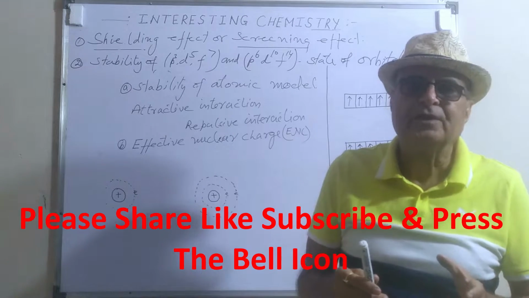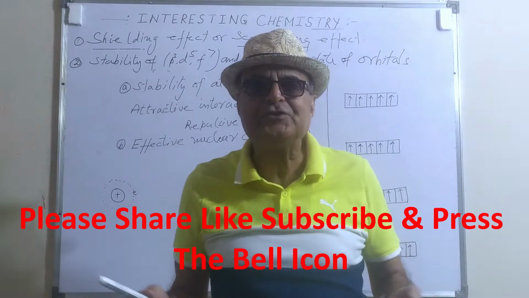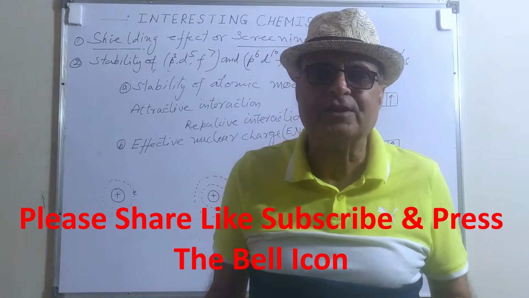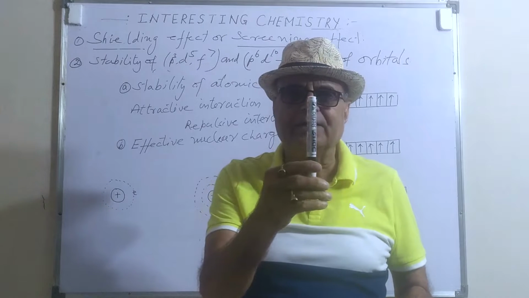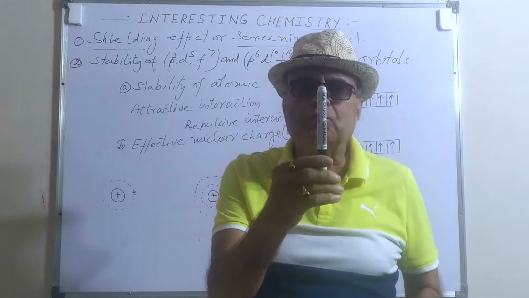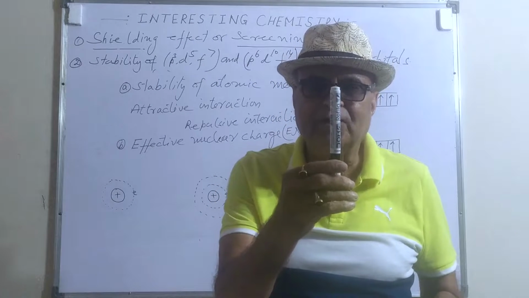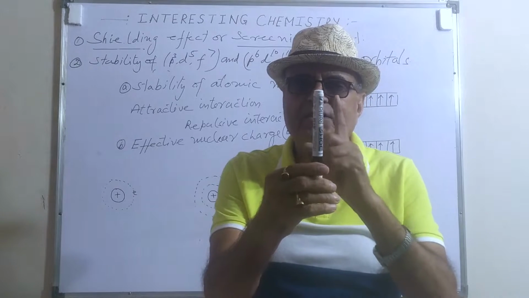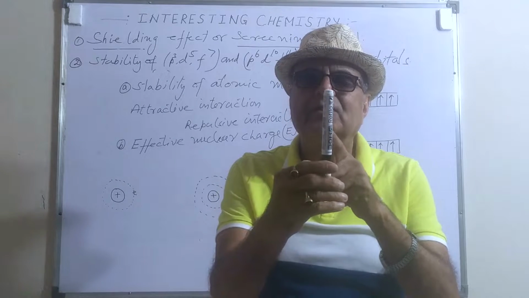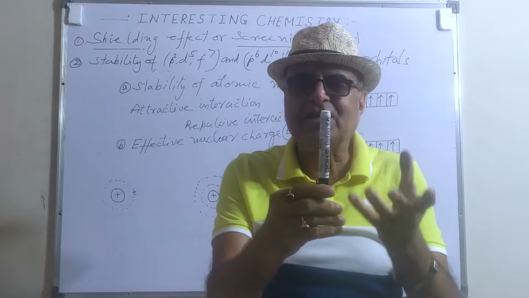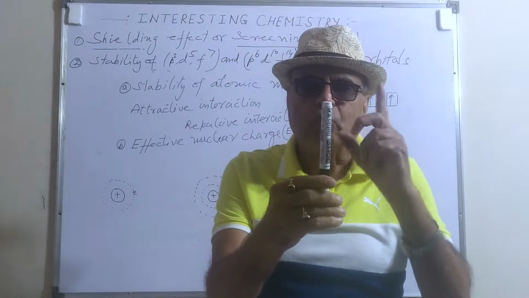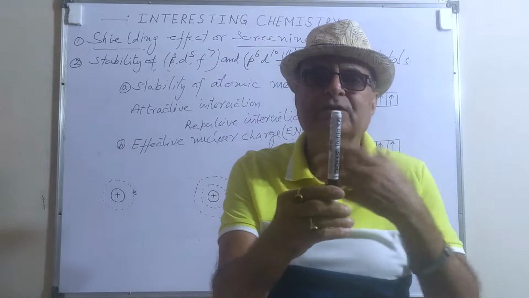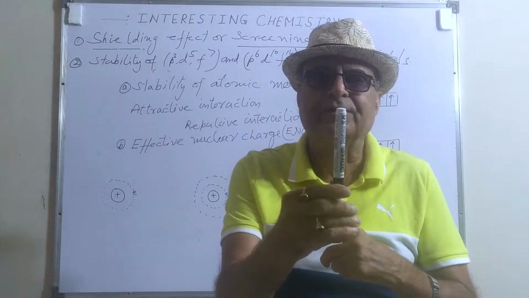screening. Suppose I am teaching you in your class and if I put my sketch pen in front of my eyes, this sketch pen will create a hindrance to my vision of you.